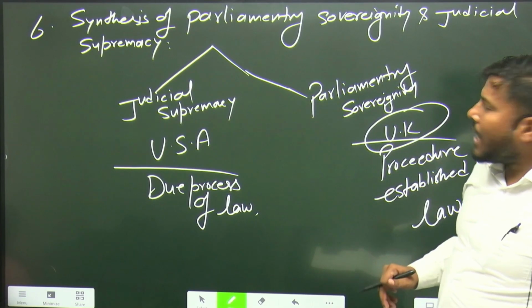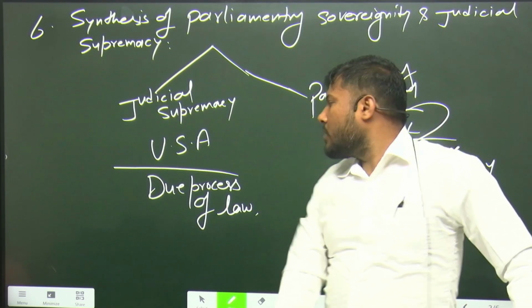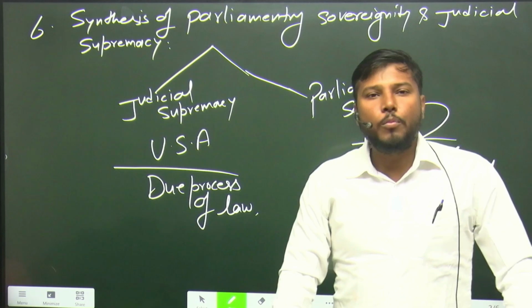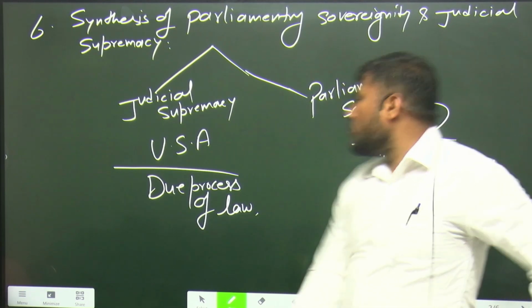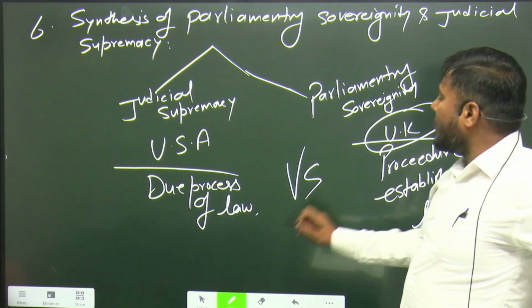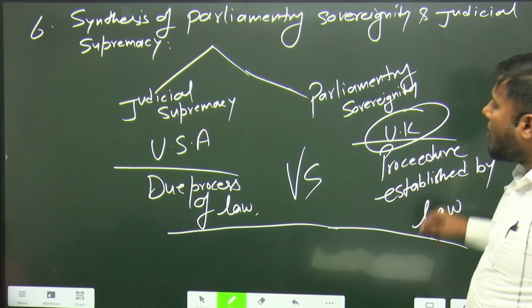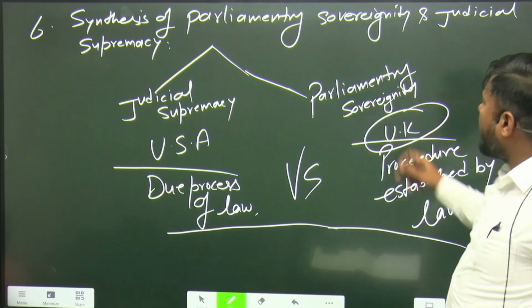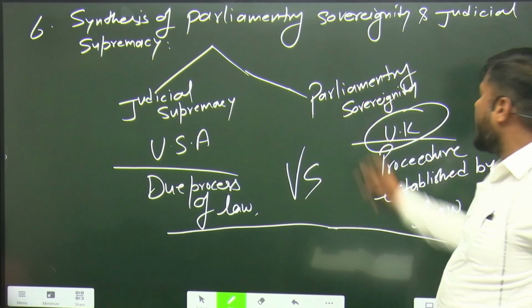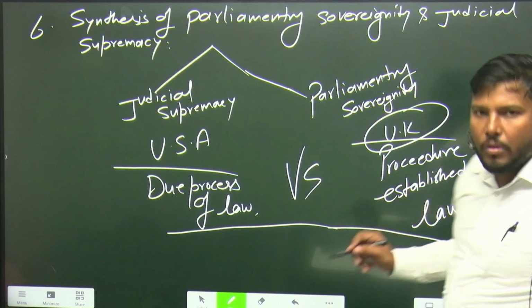And one more thing I want to tell you here, the judicial supremacy concept is based on the due process of law. Due process of law and the procedure established by law, right? You see here, there are two concepts, due process of law and procedure established by law. So accordingly, as we are saying the parliamentary sovereignty, parliament is sovereign as long as the laid down procedures are followed, right?